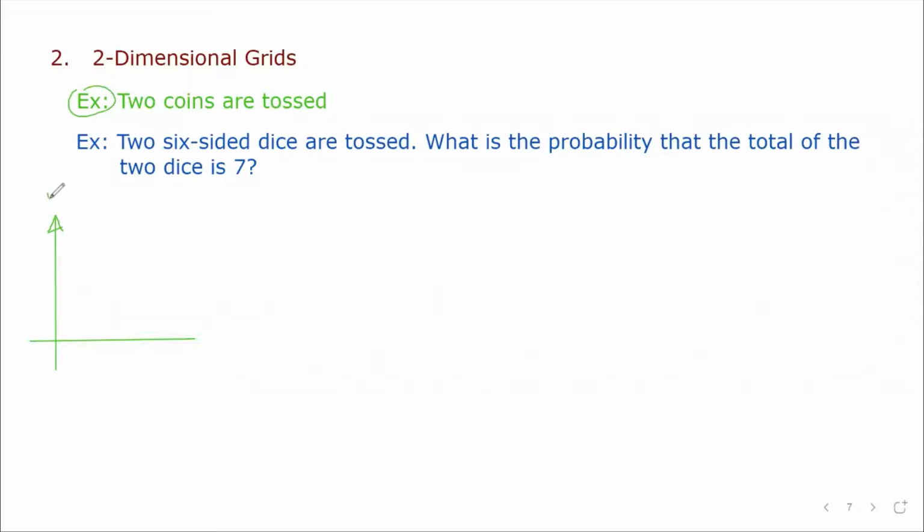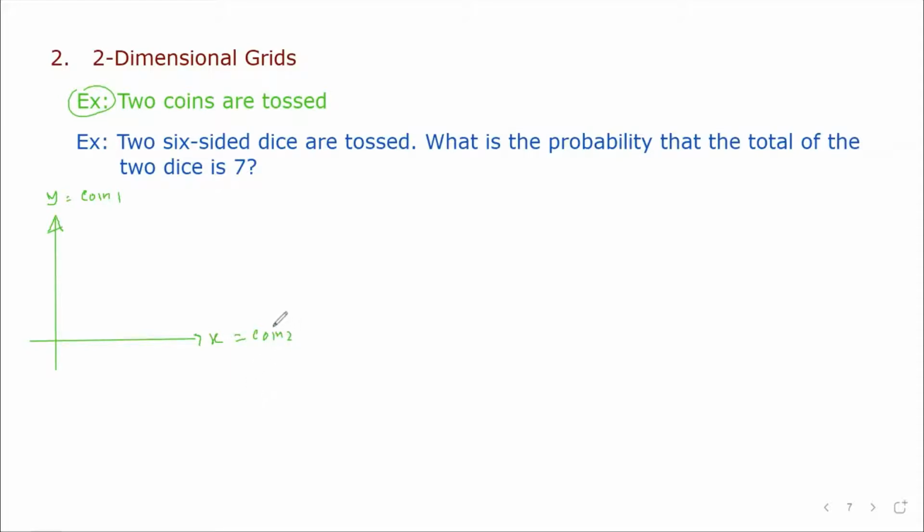This one is like the y axis, and this one is the x axis. But in this case, when you draw the two-dimensional grid, you can say this is the first coin, coin number 1, and this one is coin number 2.